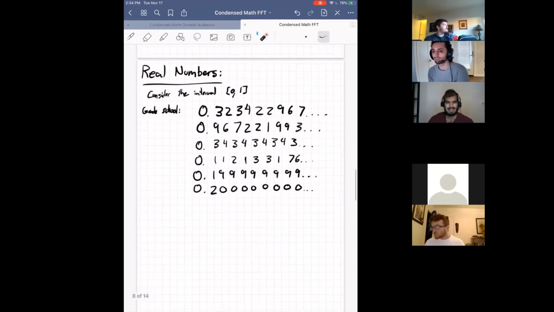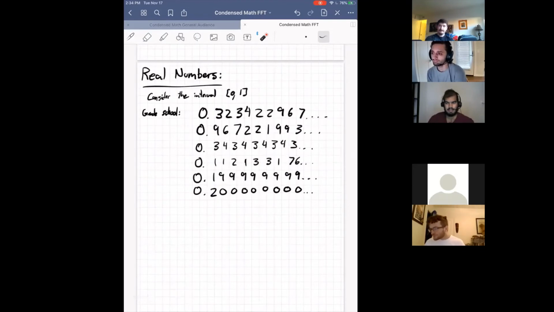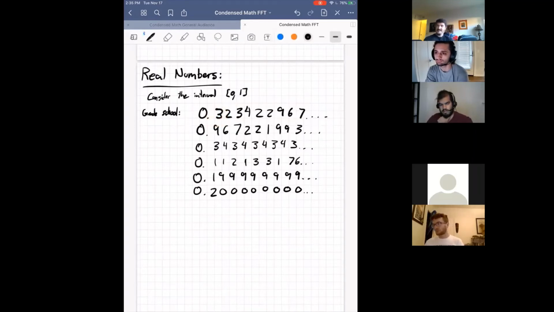So let's think about what the real numbers are. If you remember from what you learned in grade school, the way you learn about it is all possible sequences of, I guess it's not binary, but 10 digit numbers, all possible sequences of 10 digit numbers.